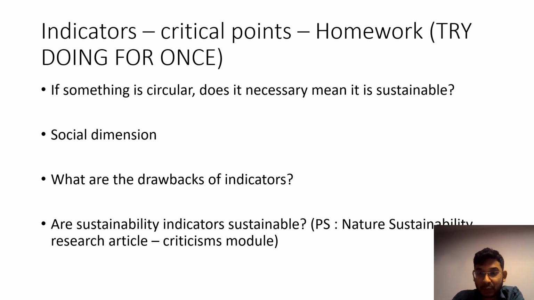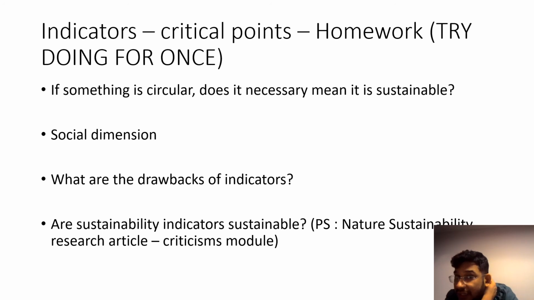Indicators are made by humans and they can be wrong. So if something is circular, does it necessarily mean it is sustainable? Maybe or maybe not. So you have to keep your mind open to ask critical questions.